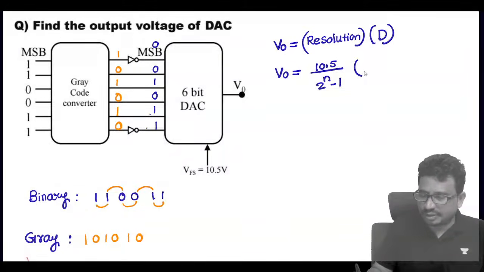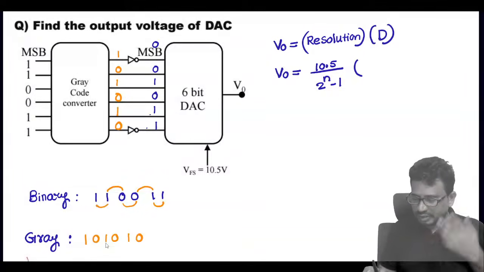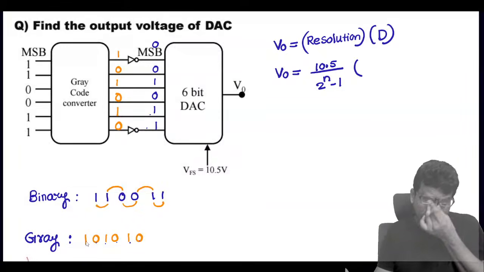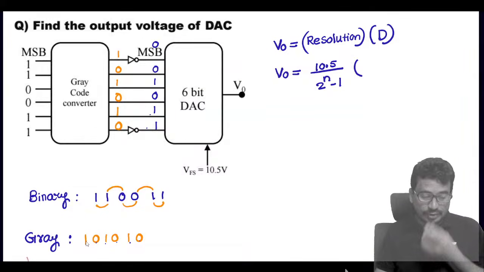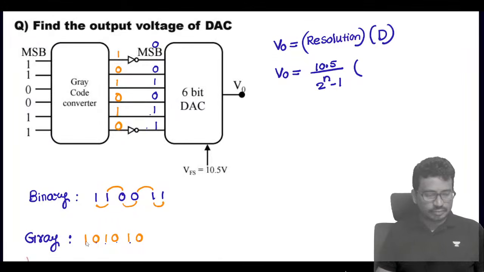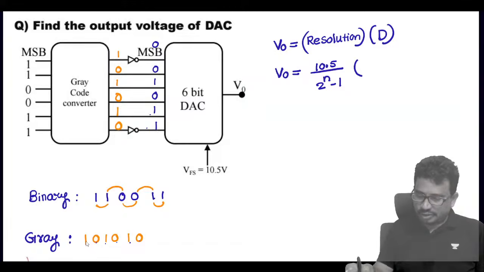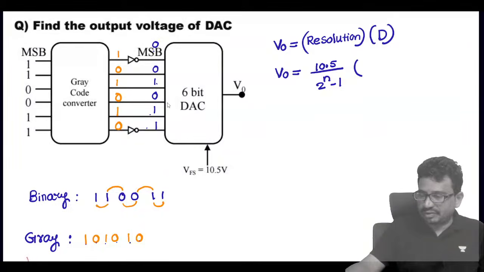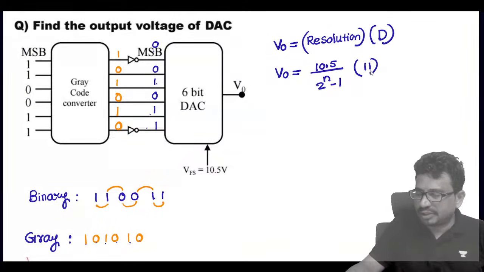How much is this number? 0, 1, 2, 3, 4, 5, 2 power 5 is 32. Okay, this is 0 now. So for the output, the decimal equivalent is 11 only.